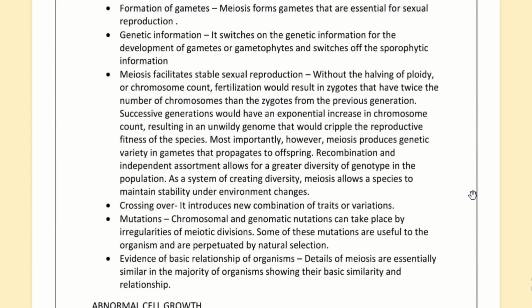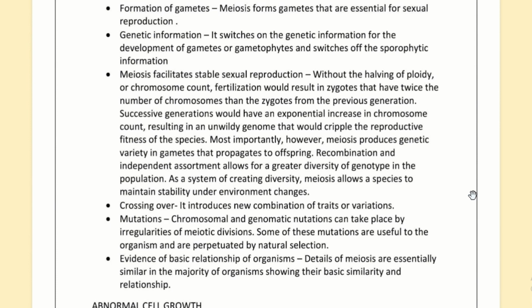Crossing over introduces new combinations of traits or variation. Then we have mutation. Chromosomal and genomic mutations can take place by irregularities of meiotic division. Some of these mutations are useful to organisms and are perpetuated by natural selection.